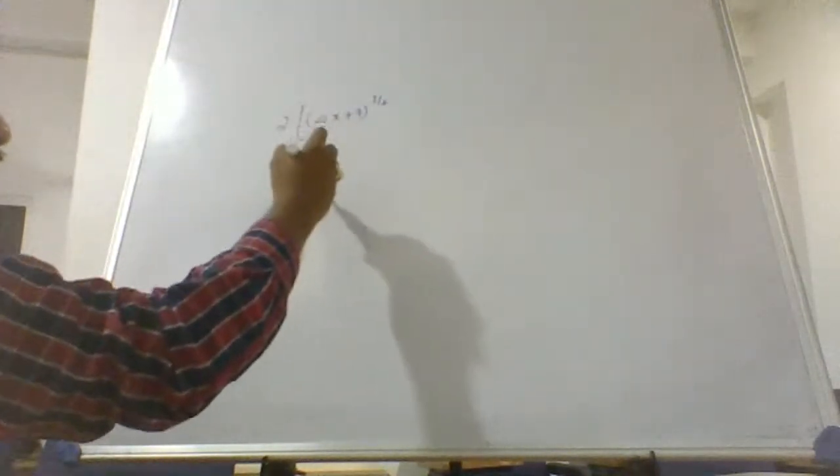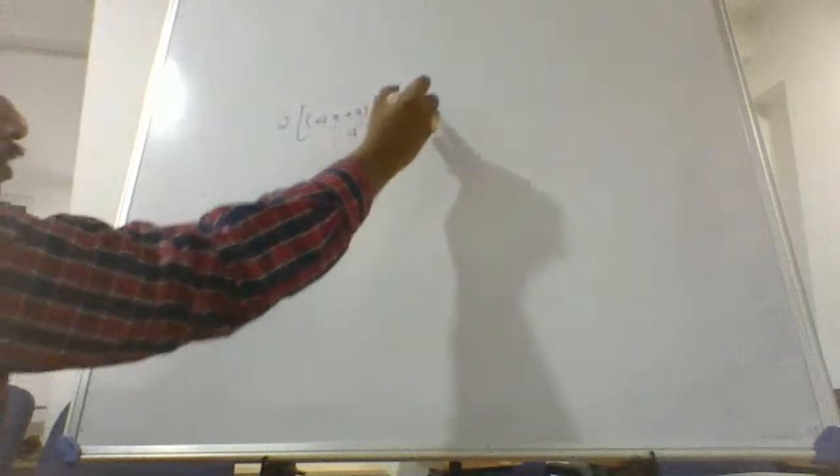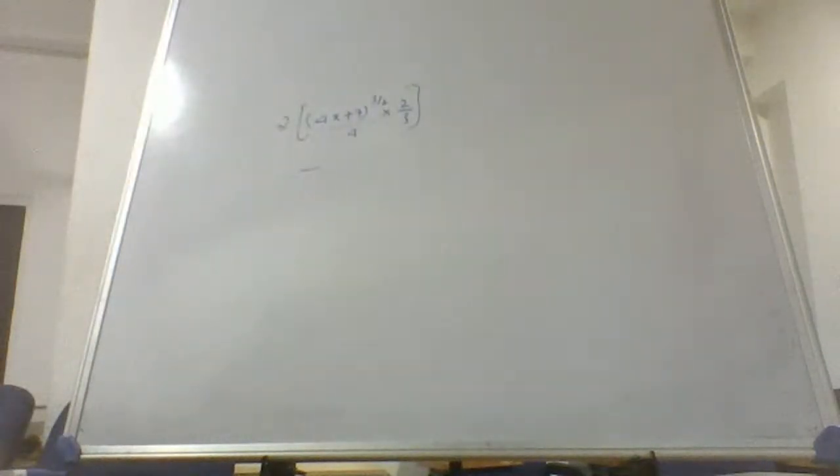The denominator will have 3 by 2. Again you multiply, this is 2 by 3. And the differentiation of that. Okay, and to the power of minus half you had, right? So let us try to finish that also.